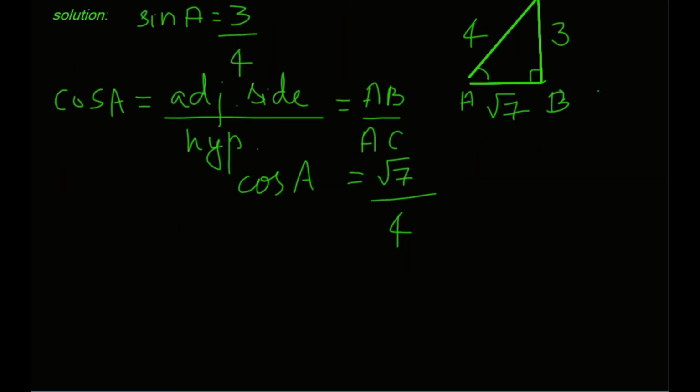Now let's move on to the other part of the question where we have to find tan A. So tan A is equal to opposite side divided by the adjacent side.